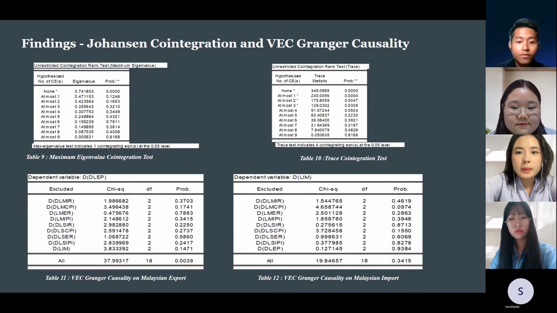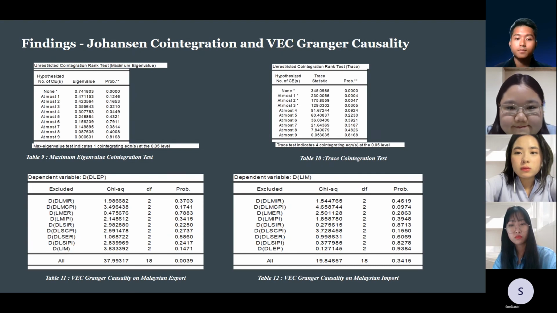And through this VEC Granger causality, we obtain an insight that there are no independent variables that have a cause and effect relationship towards Malaysian export, while Malaysian import is affected quite significantly by Malaysian CPI. Next.